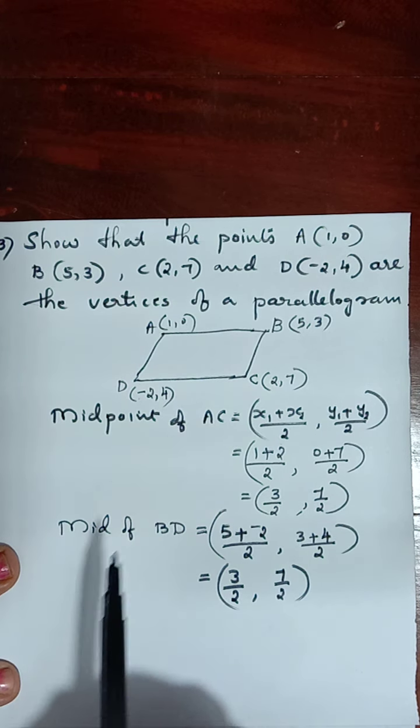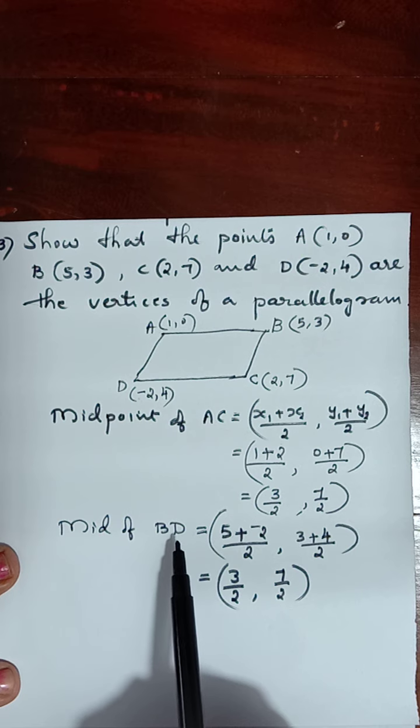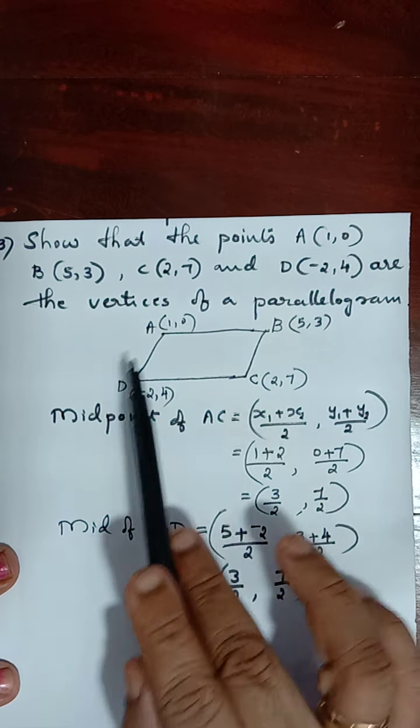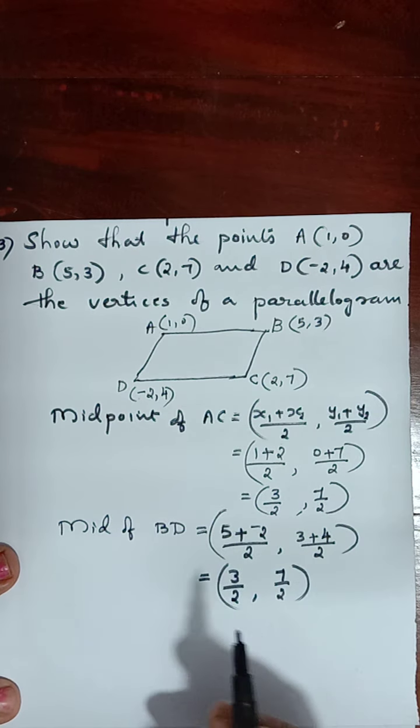That is, midpoint of AC equal to midpoint of BD. Therefore, these 4 points are the vertices of a parallelogram.